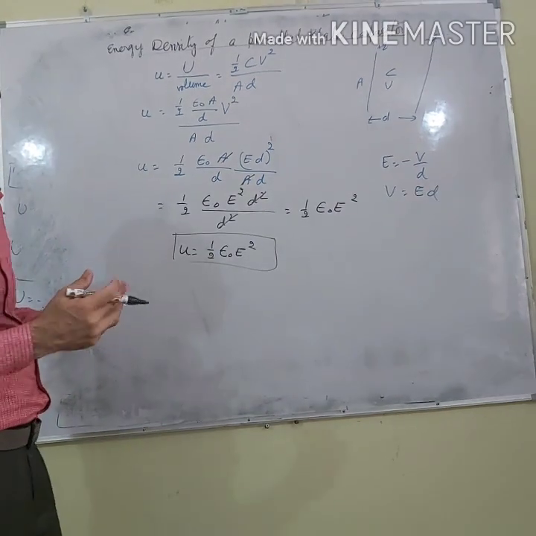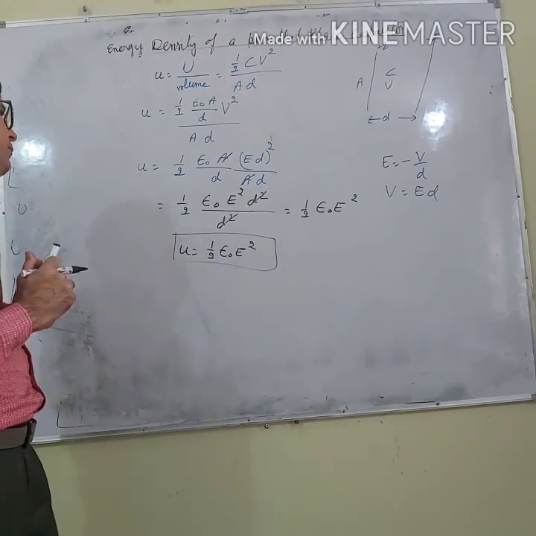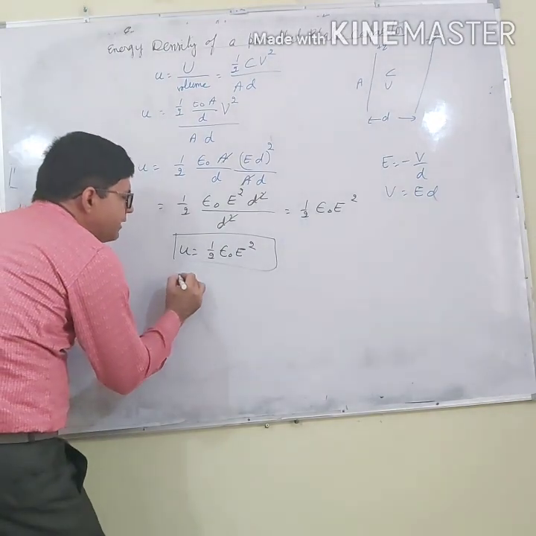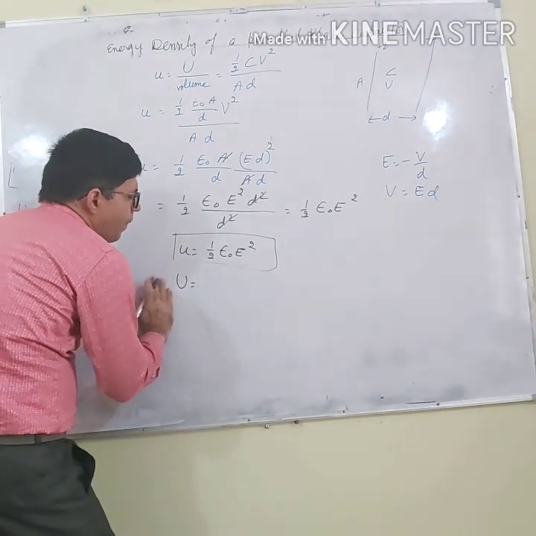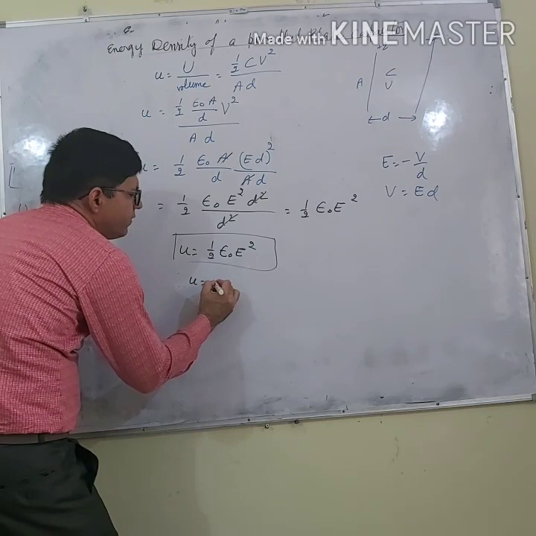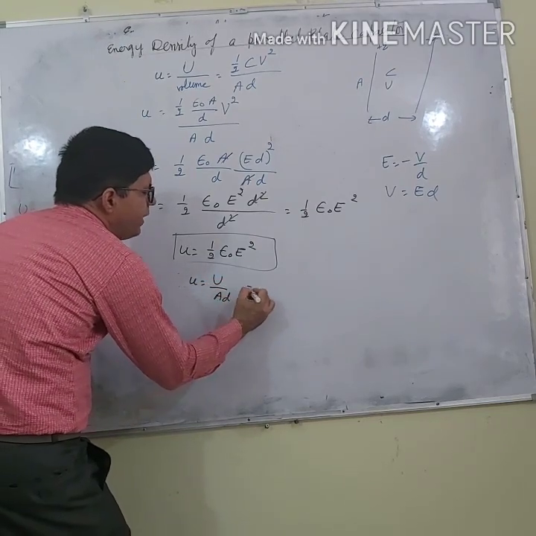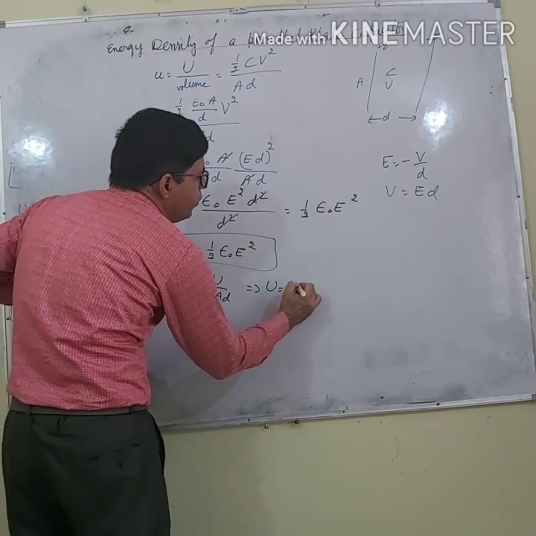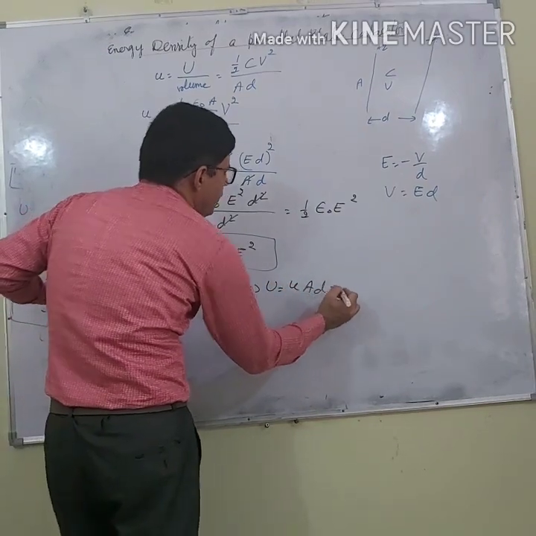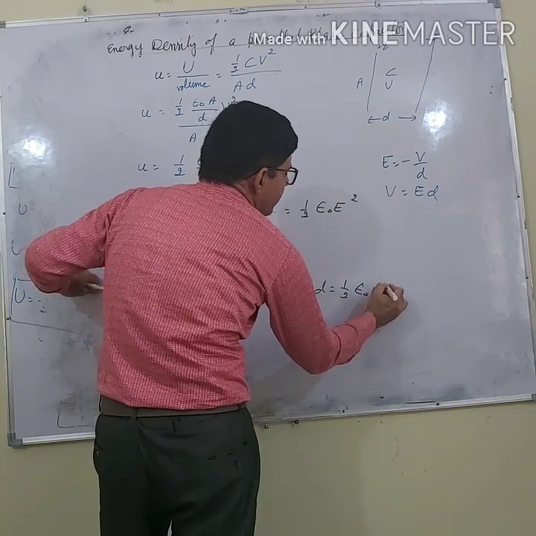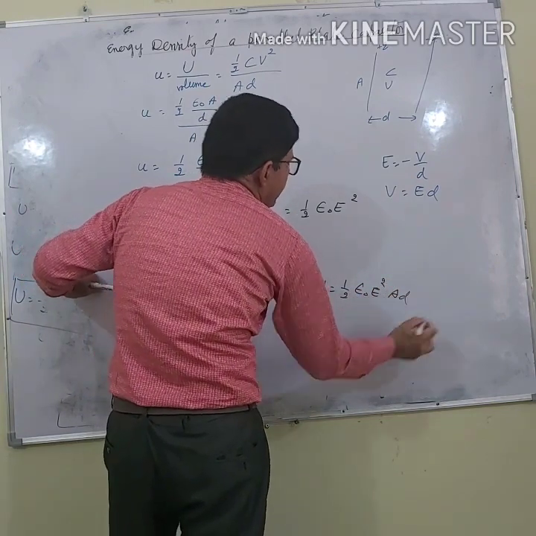But E is the electric field. Then what will be the potential energy? Since u was U by the volume AD, the potential energy is u multiplied by volume. So I can say half epsilon naught E square AD.